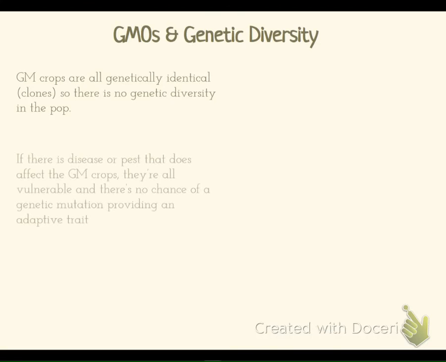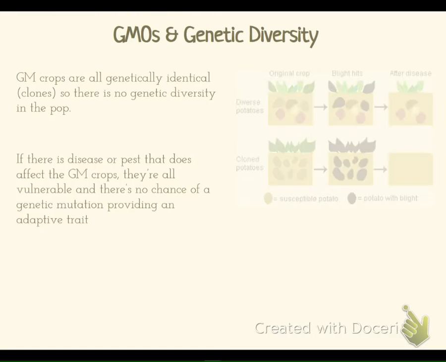So, GM crops are all genetically identical, so there's no diversity. If there is a disease or a pest that is not affected by the genetic modification, that means every single plant is vulnerable. And since there's no genetic diversity, no chance of genetic mutation, all of them will die.